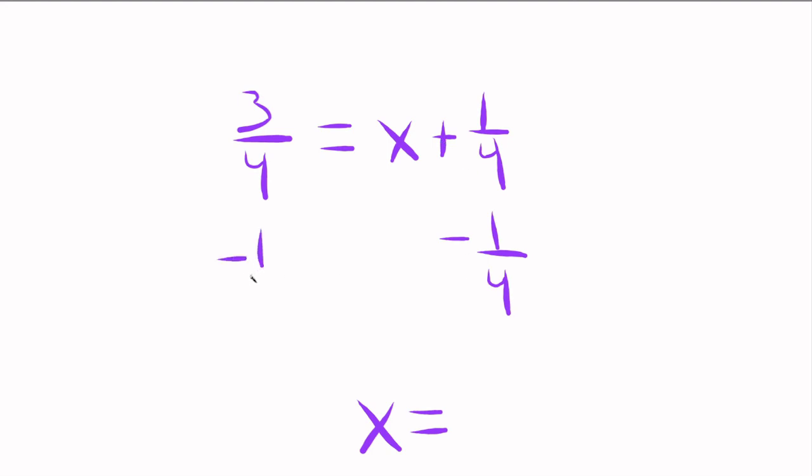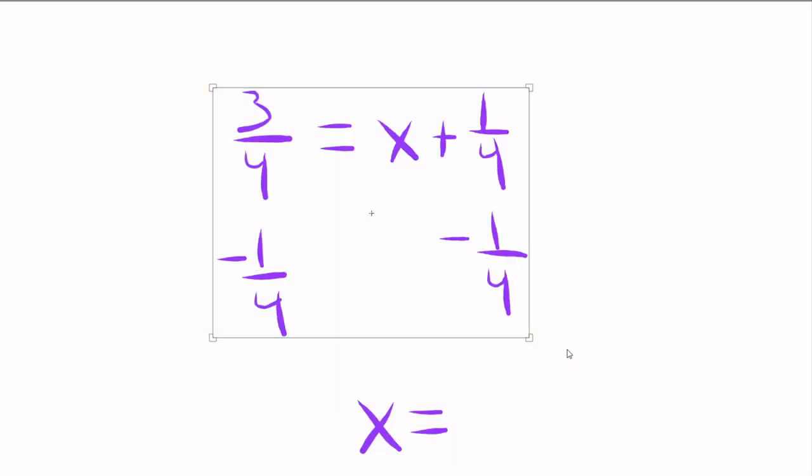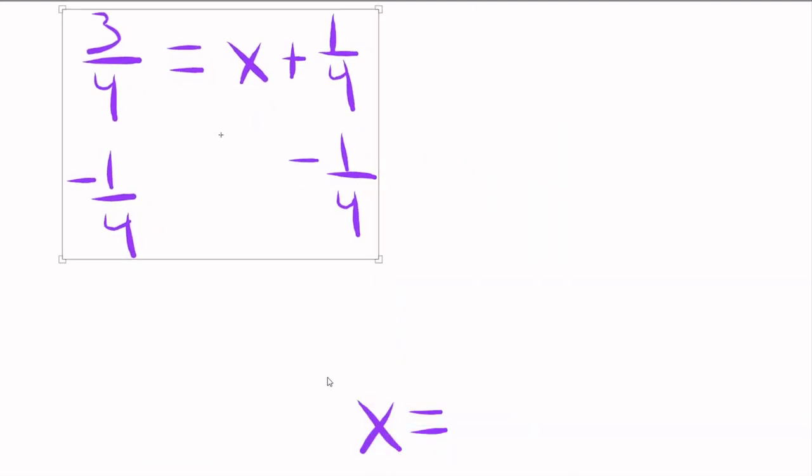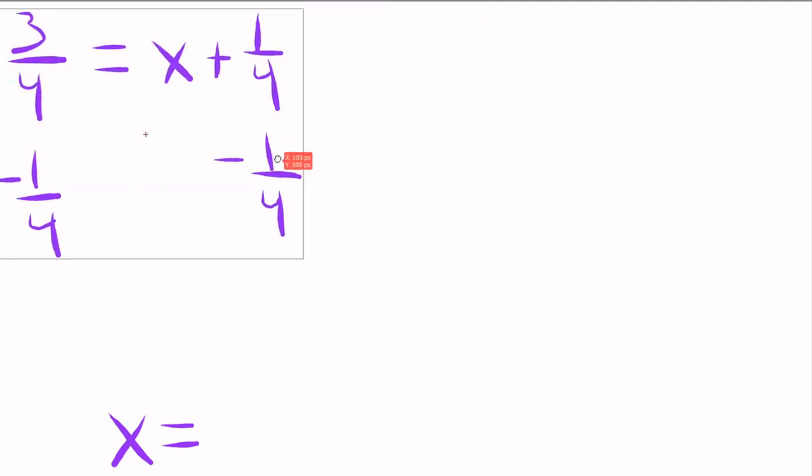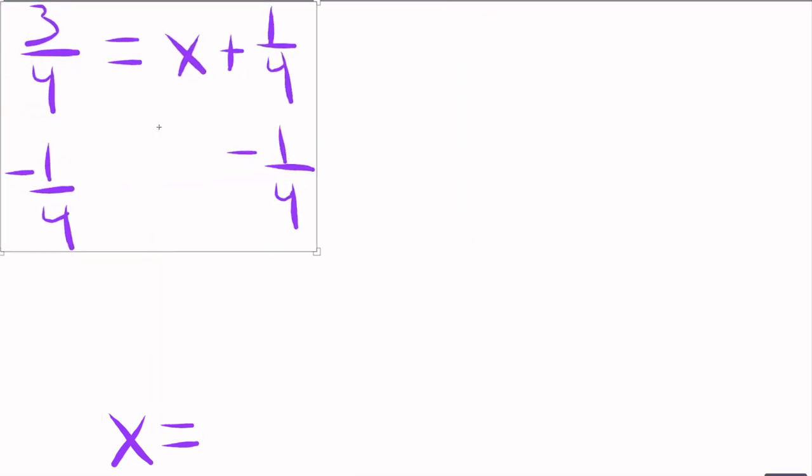And again, if I do it to one side, I must do it to the other. I didn't give myself as much space this time, so I need to move this a little bit. All right, so we have this: the 1/4 minus 1/4 became 0.